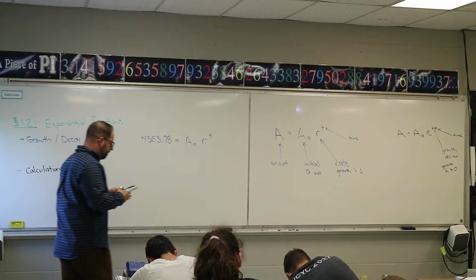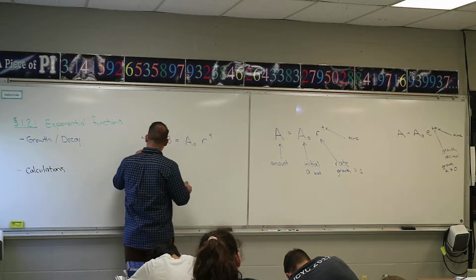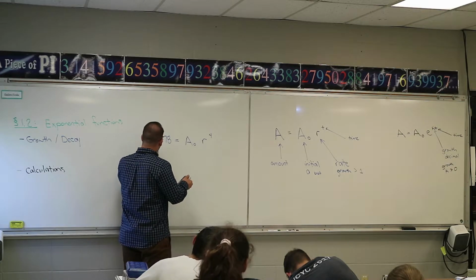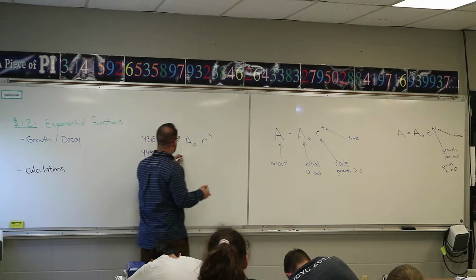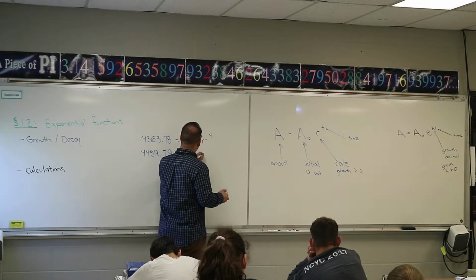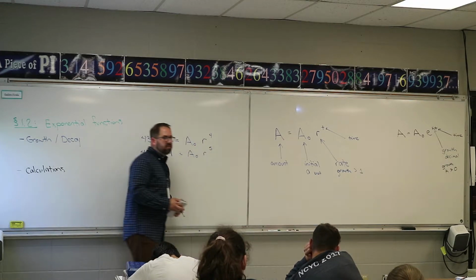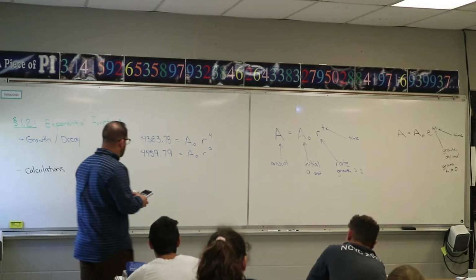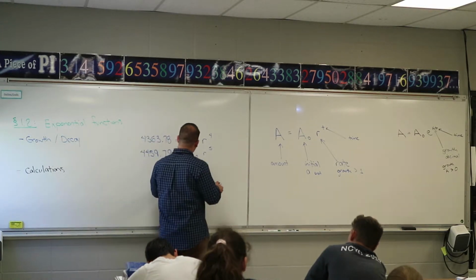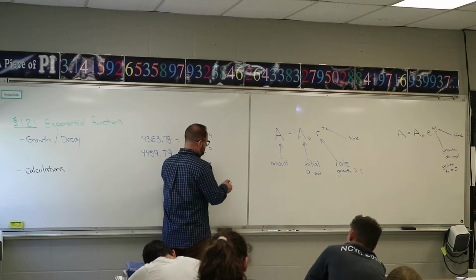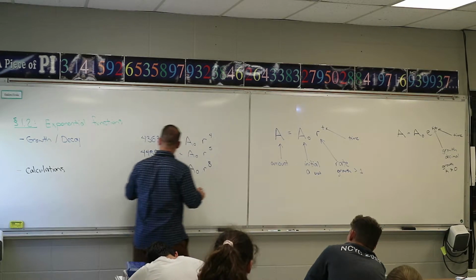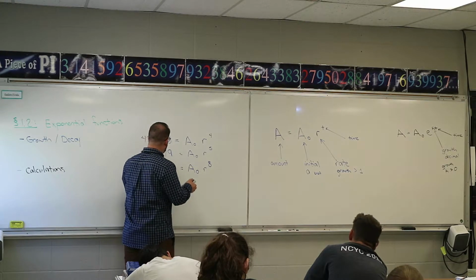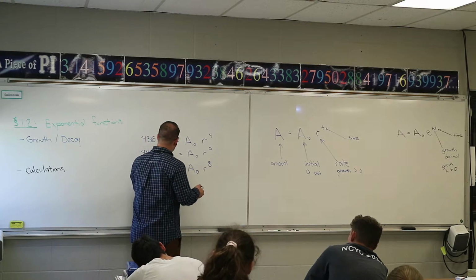After year 5, 4,459.79. I don't even know my initial, I don't know my rate. That was year 5. And year 8. So they didn't do a census every year, they just took some data over a certain time frame. Blah, blah, blah.